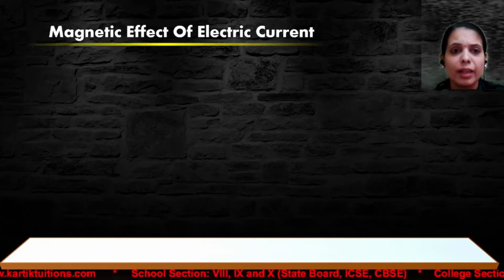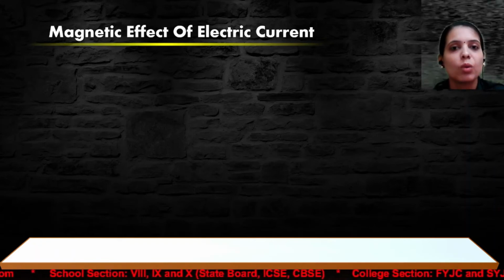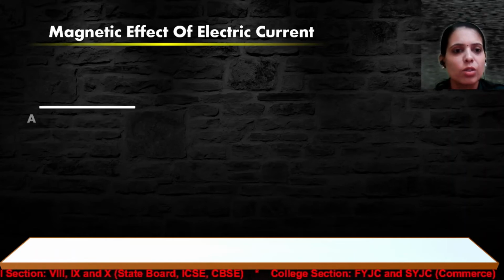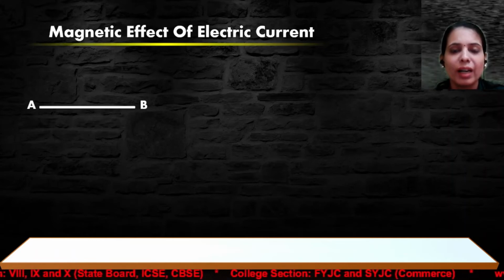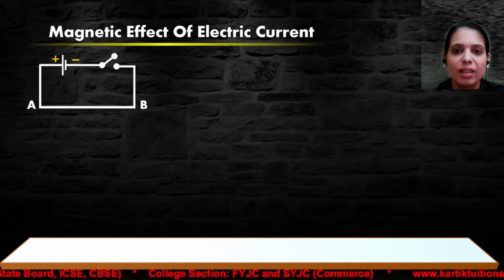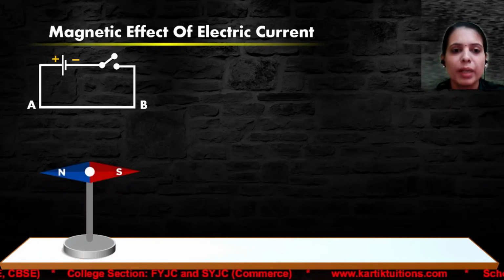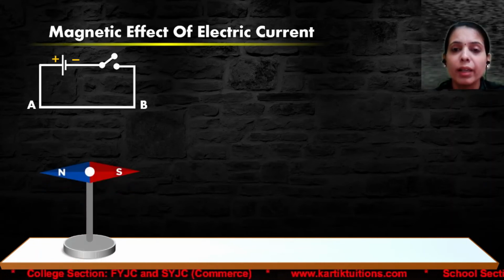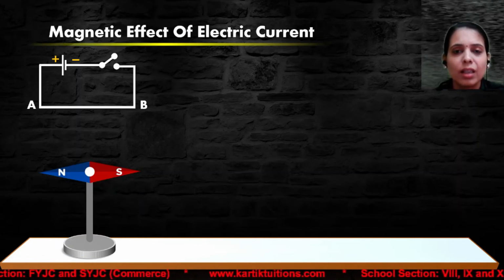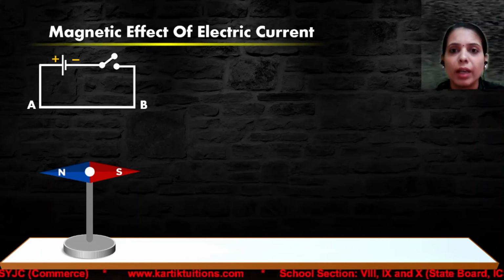Let us understand how this magnetic effect or magnetic field is created around a current carrying conductor. For that, we do a small setup of a conducting wire, say AB, which is connected to a cell and a key. And this conductor is placed parallel to a magnetic needle. Now in this first case, as the key is open, there is no current flowing through the wire AB.